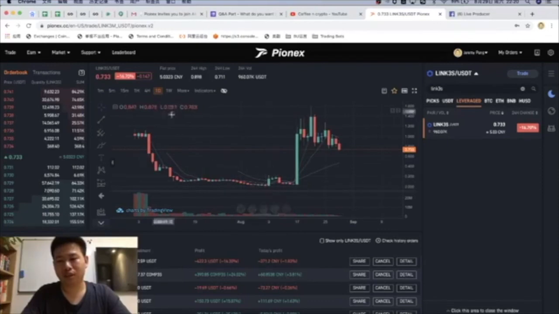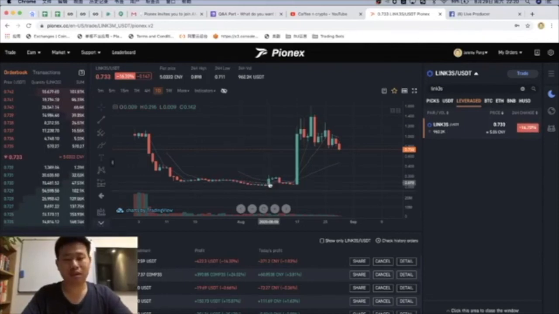For example, if we check the price on this day before the reverse split, it is only 0.028, and after the reverse split the price has increased by 20 times, and your tokens have been reduced 20 times. So 20 divided by 20 is 1. So you don't lose any money during the reverse split.